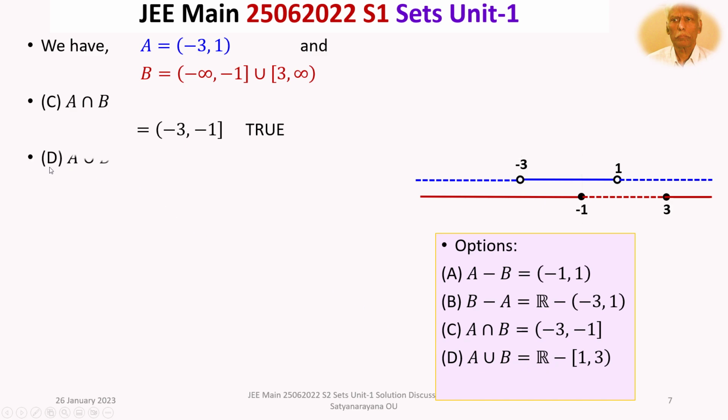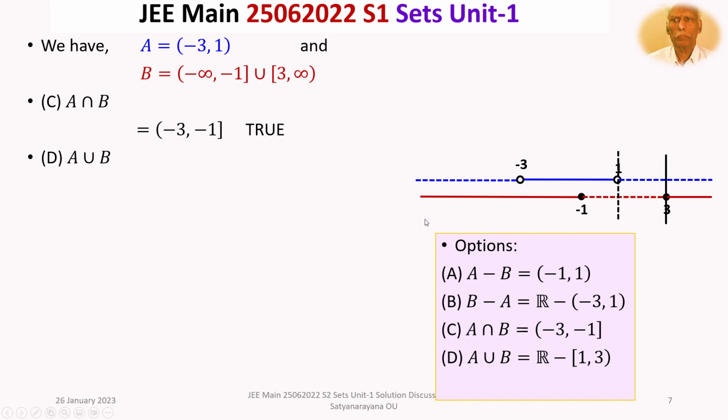So take option D, A union B is equal to A. A union B consists of all those elements which are either in A or in B. Suppose now you see here, these elements are in B, these elements are in A. Either in A or in B means these two here, from here to here, and this one right to 3.